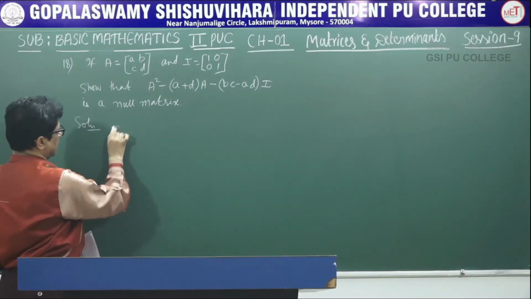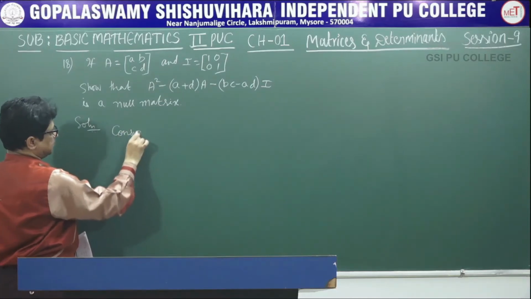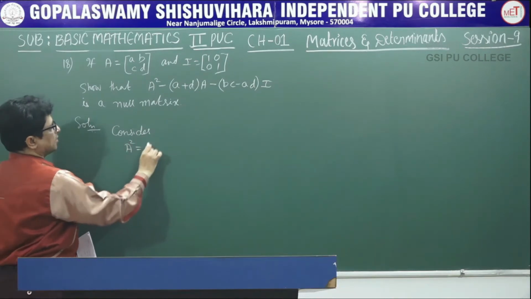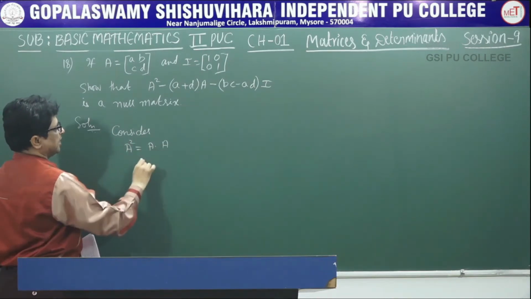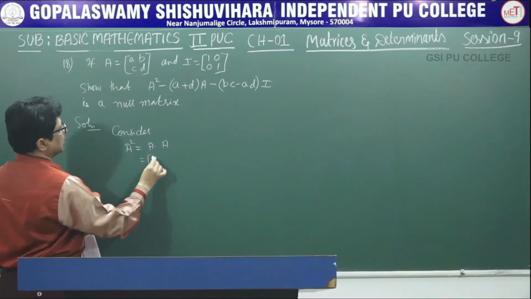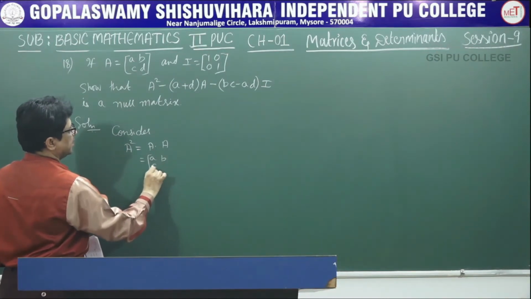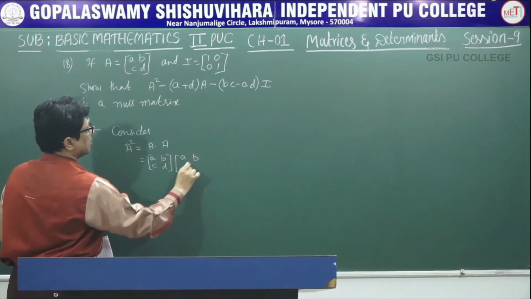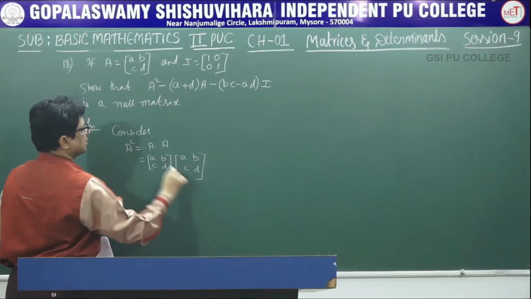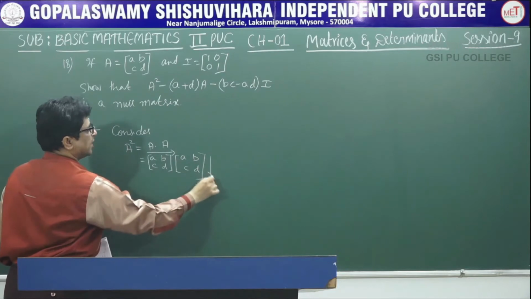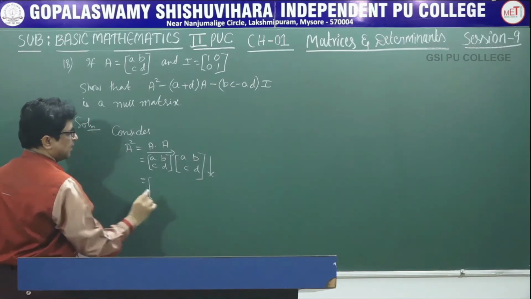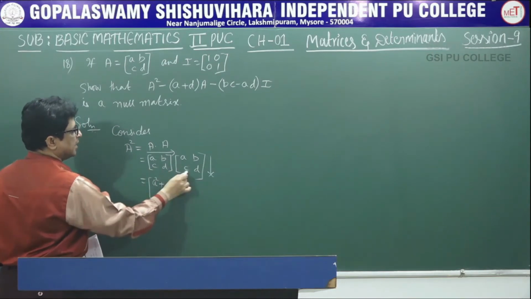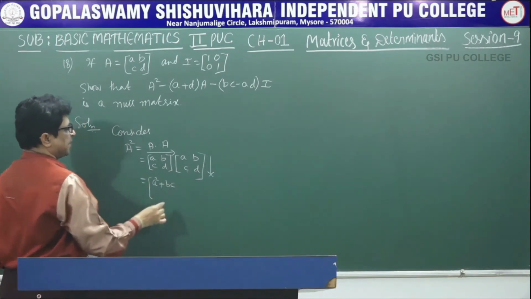Solution. Consider A square is equal to A into A. So that will be equal to A, B, C, D into A, B, C, D. So the rule is row into column. That will be equal to A into A, A square plus B into C, BC.